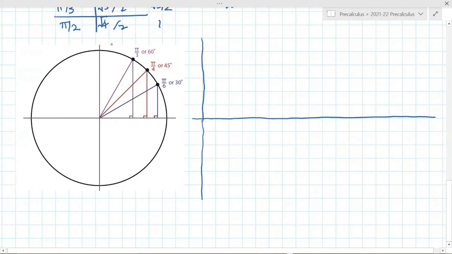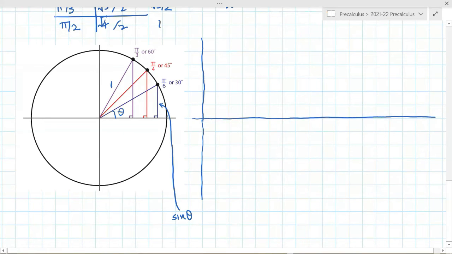The coordinates for any point on the unit circle, like we discussed earlier, were cosine theta, comma sine theta, right? So this is 1. And the height is the sine theta, right? This is theta. And that is sine theta.